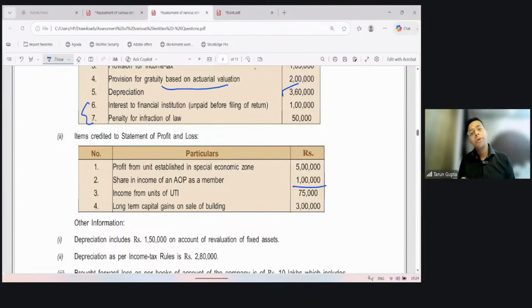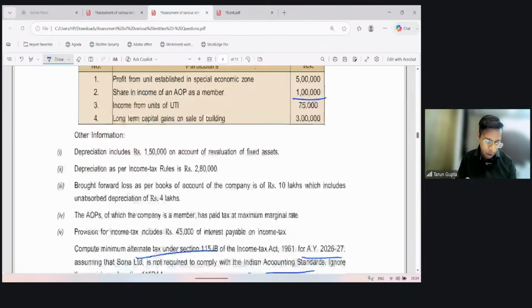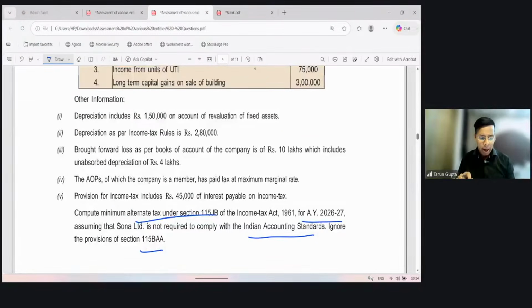Income from units of UTI 75,000 and long-term capital gain on sale of building. If any gain on sale of building is there in the P&L account, I cannot reduce it for computing book profit under MAT. Now there is other information. Depreciation includes 1,50,000 on account of revaluation.